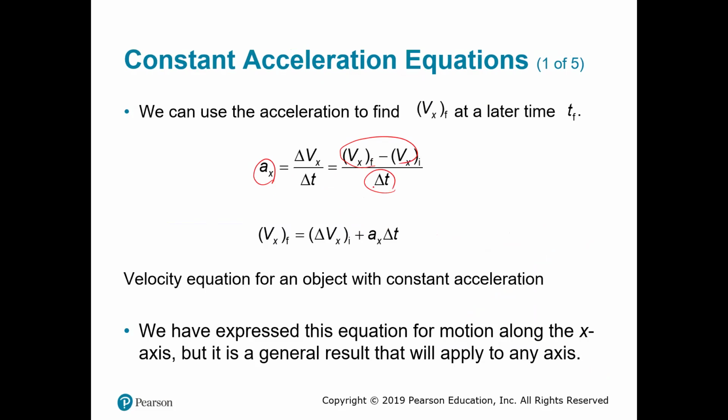So if you multiply both sides by delta t and move v initial to the left side, you see v final is going to be v initial plus acceleration times the time, right? So this is one of the equations. If you check your textbook, you can see how to derive all five equations, but at this point that's not very important, okay?